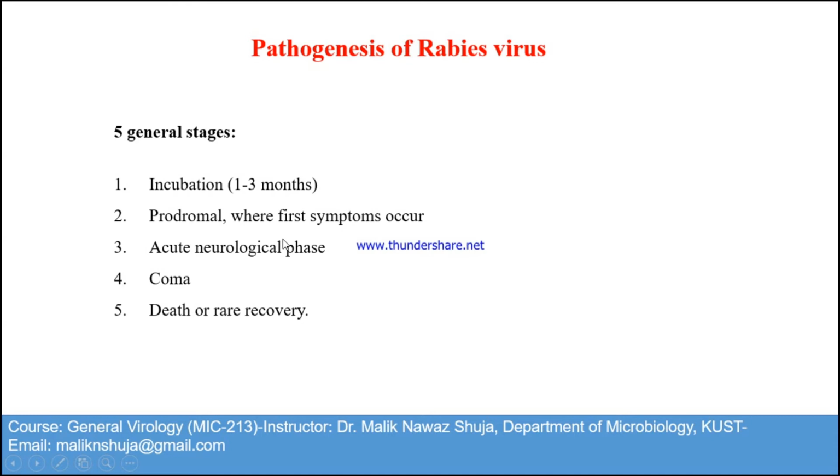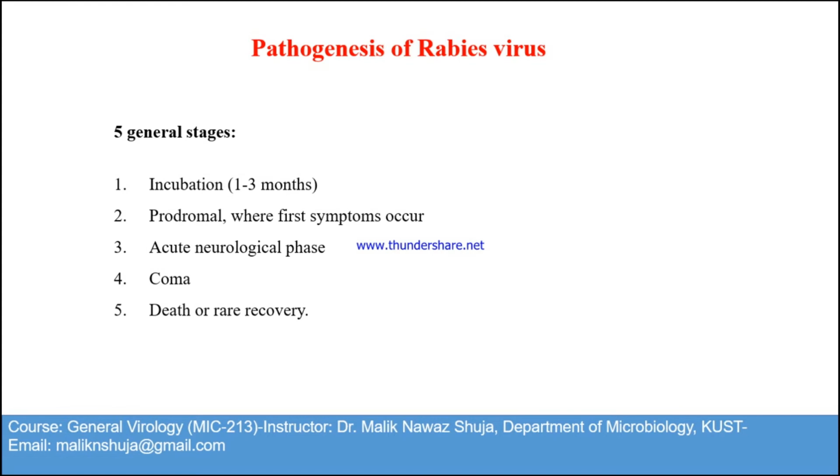Once from this acute stage, the patient or the animal enters into the higher stage, which is the coma stage, and then finally goes to the last stage, that is death. At the coma stage, there are minimum chances of a patient to recover.